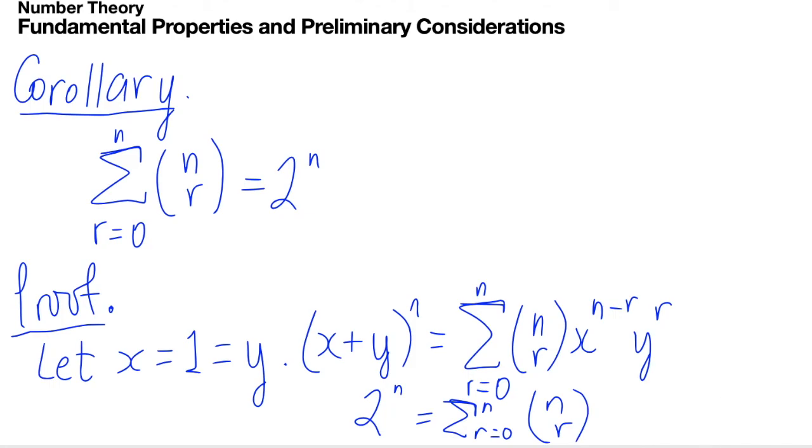Our x and y are all 1, so 1 raised to any positive integer is still 1. 1 raised to 100 is still 1, right? Multiply 100 times, that's still 1. So that's the end of the proof. This is already the corollary, correct? Therefore this is the end of the proof and we have ended it.